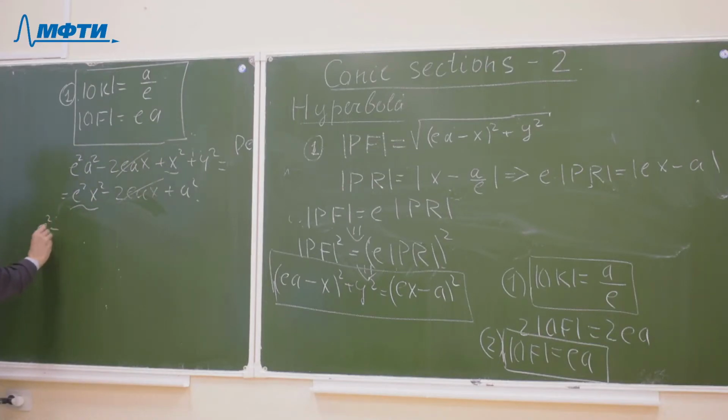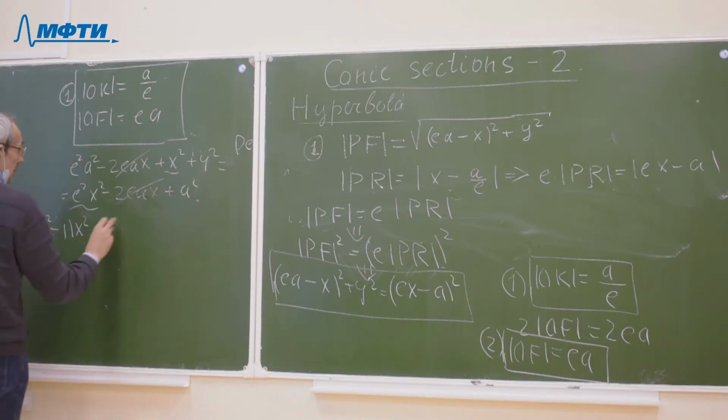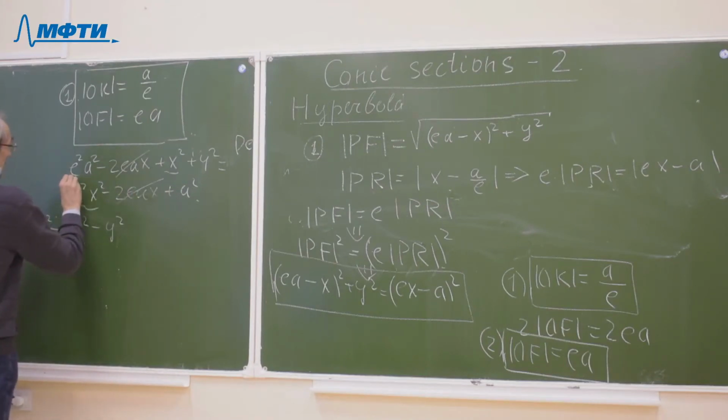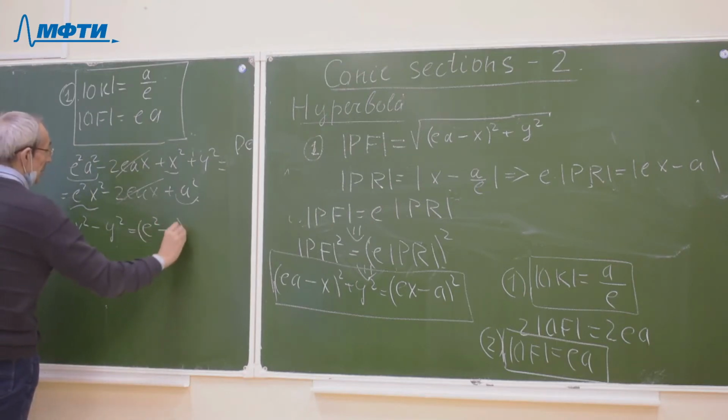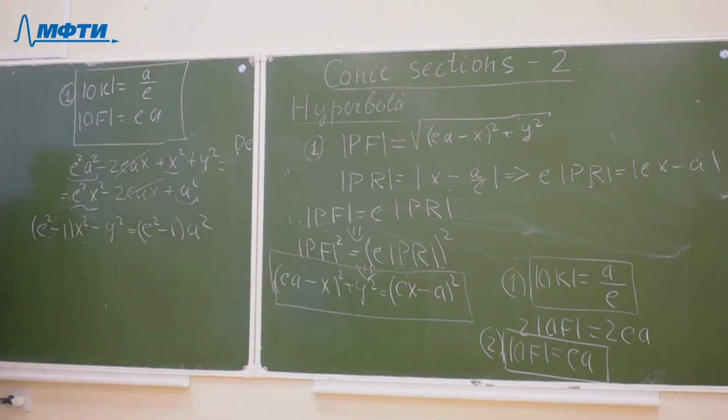We obtain e square minus 1 x square minus y square. This one and this one we can simplify, and using the distributivity law we obtain e square minus 1 a square.